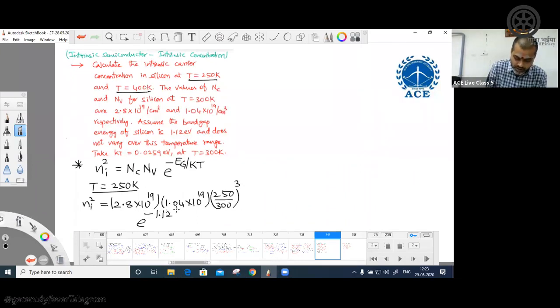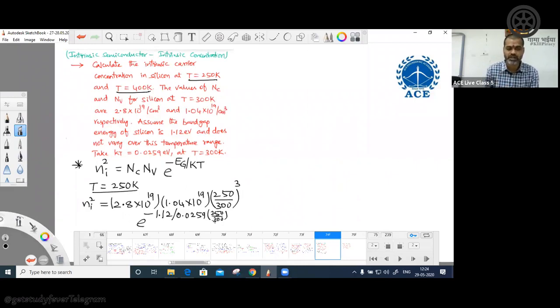Eg is given as 1.12 electron volts divided by kT, which is 0.0259 into 250 divided by 300, because I need to find out at 250. Now if you have any confusion, separately calculate Nc, separately calculate Nv, calculate kT at 250 Kelvin and try to follow this.